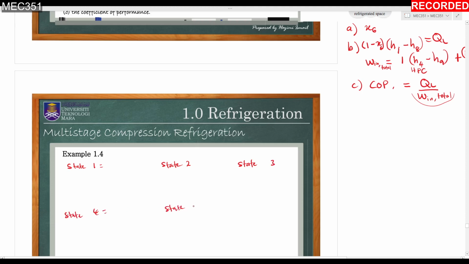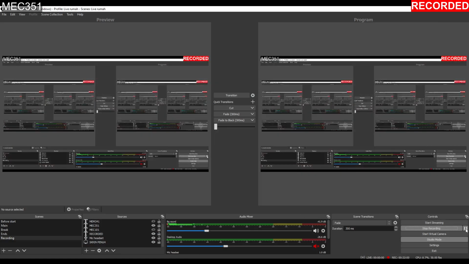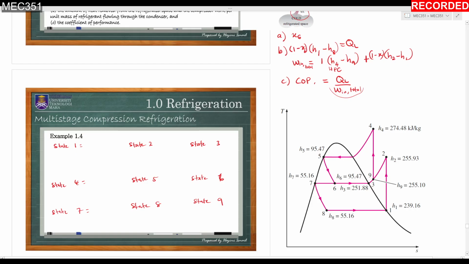Okay, so let's try to find the values. I will pause this video and I will show you after I get all the enthalpy values. Okay, so these are the values from the book.